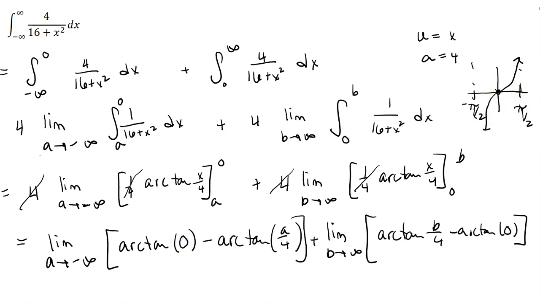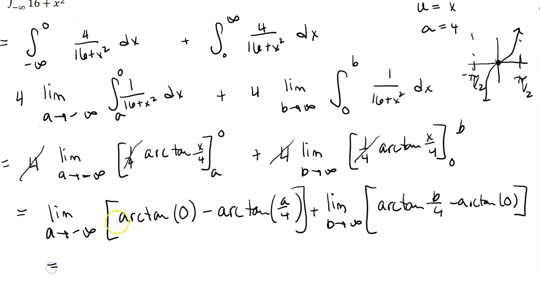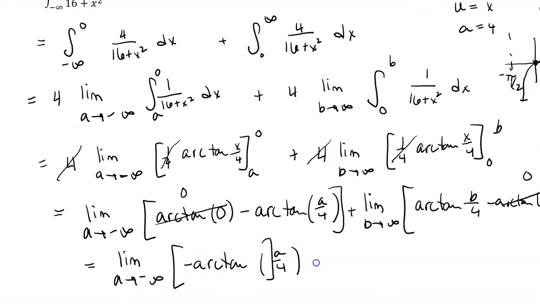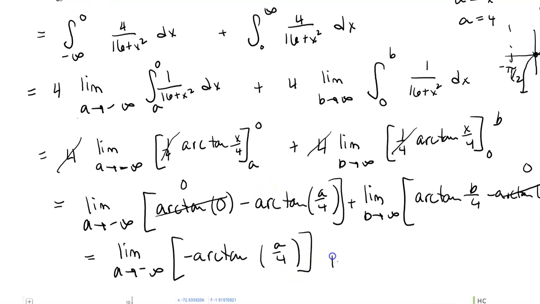So I'm really just looking at the limit as a approaches negative infinity of the negative arctangent of a over 4 plus the limit as b approaches infinity of the arctangent of b over 4.